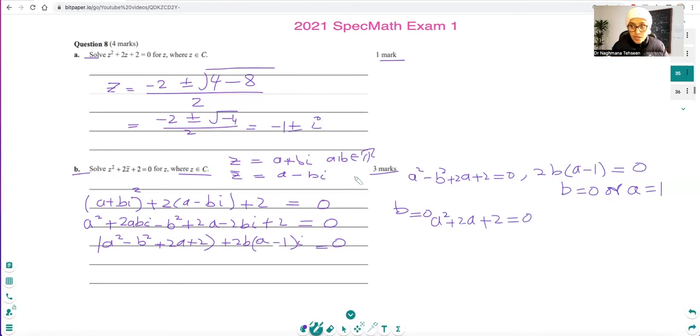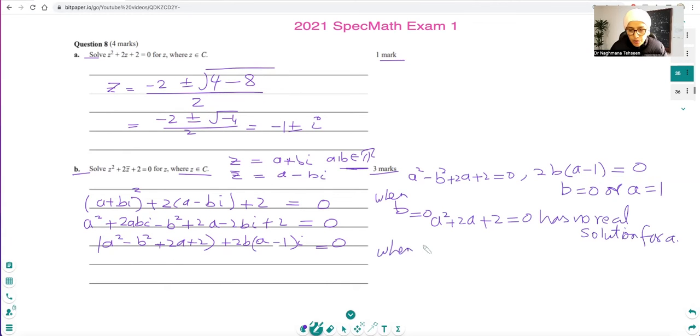So that means this equation has no real solution, because we just saw that the solution is a complex number. There is no real solution for a, because we assume that a and b are real numbers. So we're expecting to have a real solution. Okay, then what does that mean? This is when b is equal to 0.